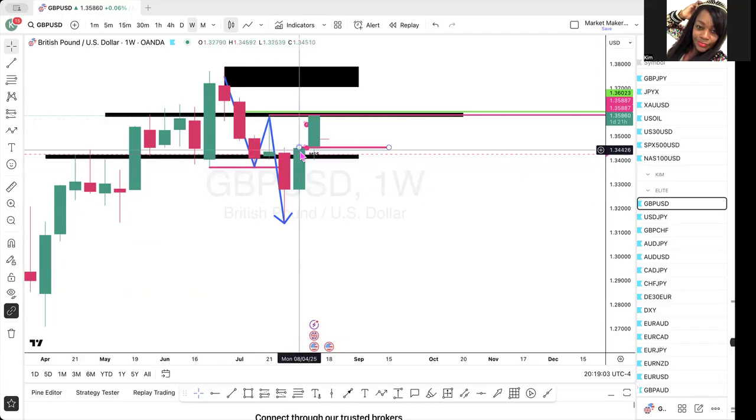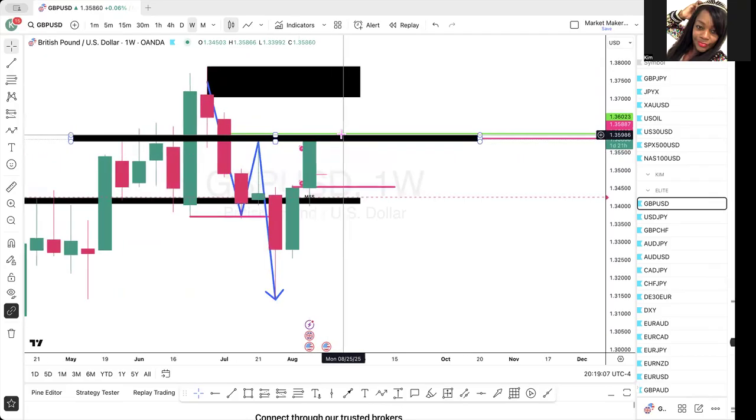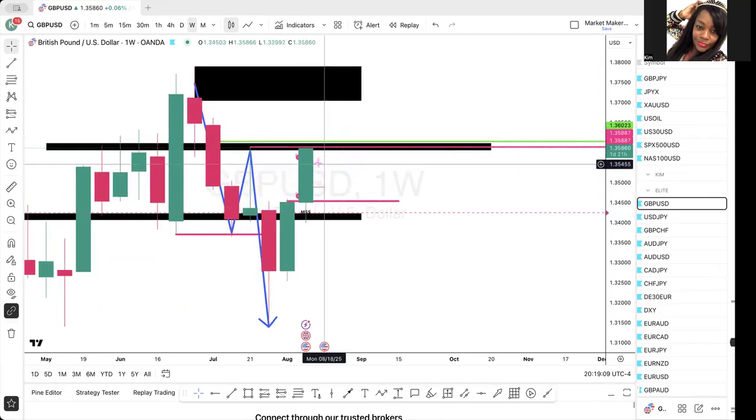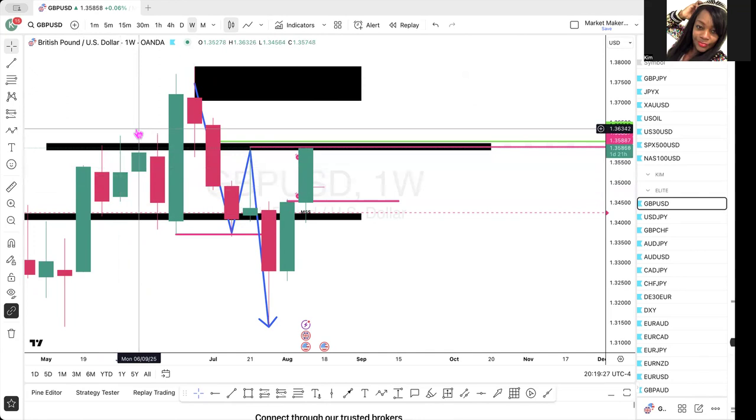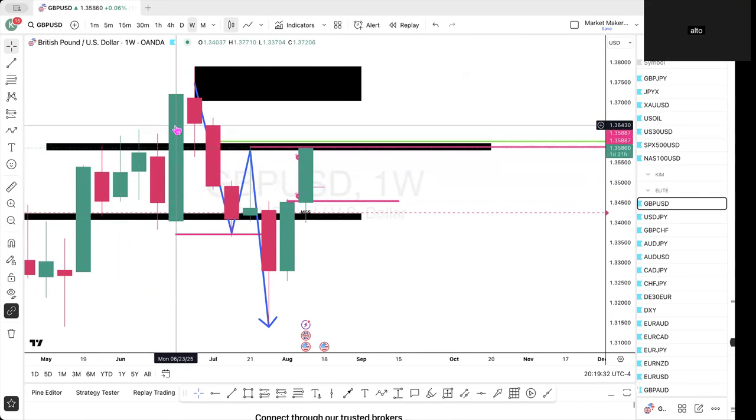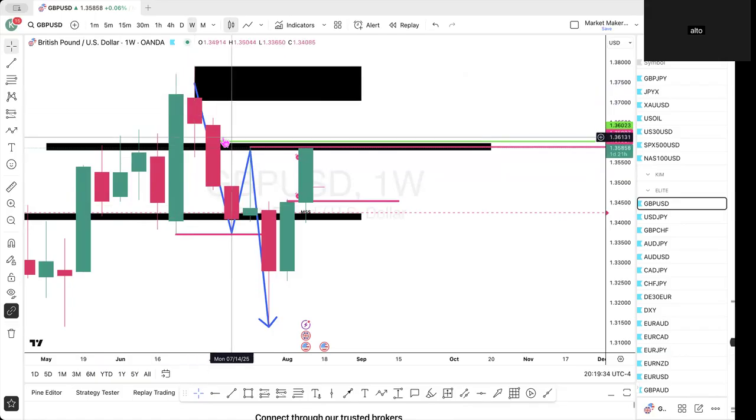And you see how price broke above this zone, and what did it do? Pulled back to the zone and straight to the next zone, all in 1 week. Actually, all of these are weekly, from one zone to the next zone in a week. This is in the middle. This was in the middle. This one was from one zone to the next zone, past the zone.